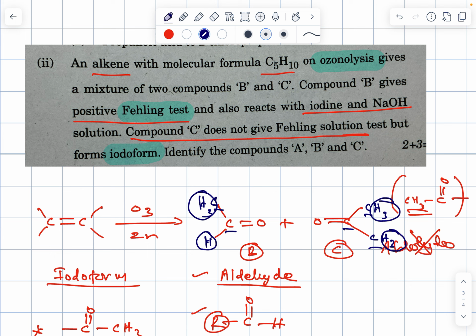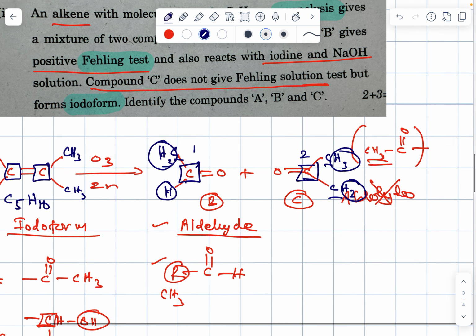So now our molecular formula will coincide with B and C. What is our guess for the alkene? The first carbon has CH3 and a hydrogen, and the second carbon has CH3 and CH3. So the number of carbons is 5, and total hydrogens is 10.